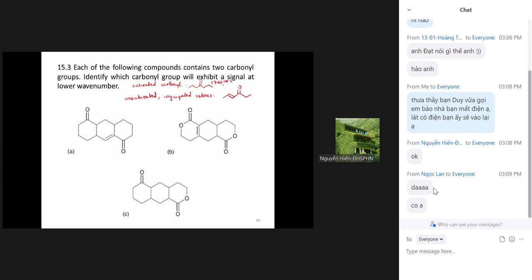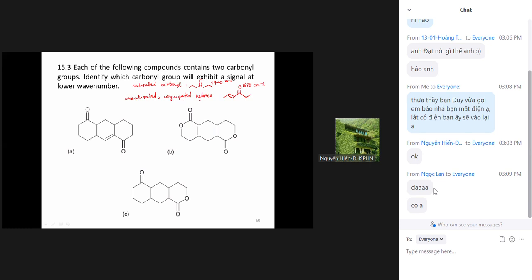But the carbonyls in unsaturated and conjugated ketones will absorb at about 60 centimeters to the -1 lower than that of the saturated ketones. And now in this exercise, you just identify these two kinds of ketones.